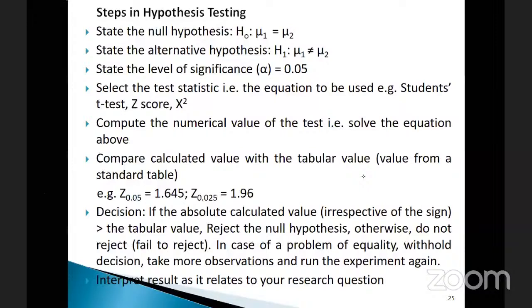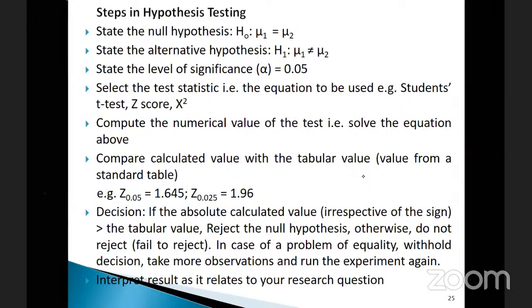Otherwise, you fail to reject or do not reject. And of course, if there is equality, it says you run the experiment again, get more sample size, and do the test again.